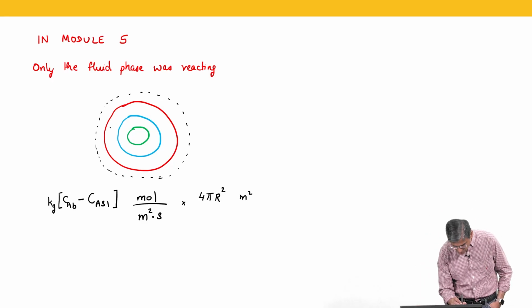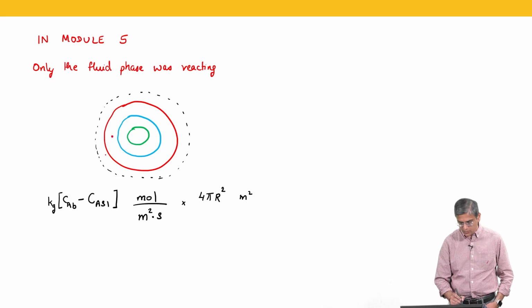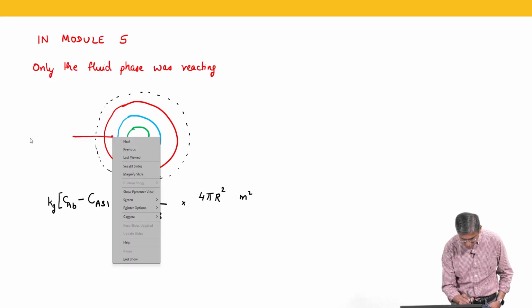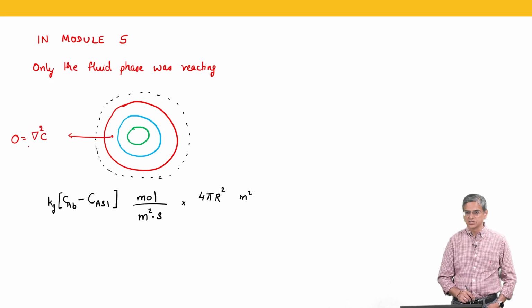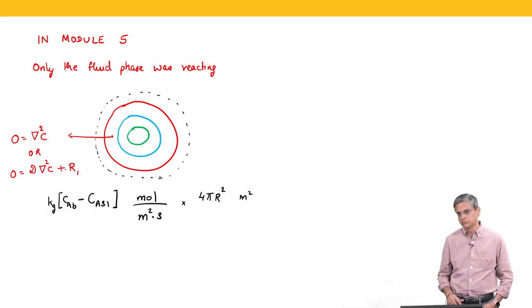Now, if it is the first shell, let us say the first outer part, if there is no reaction taking place in the system, we are going to have 0 equal to del square C. Or if there is reaction taking place, it is going to be plus R1.